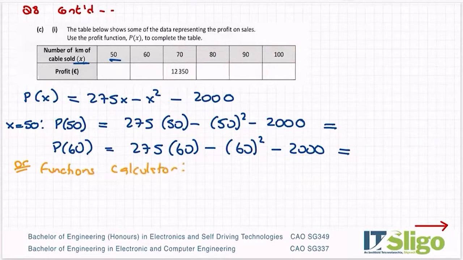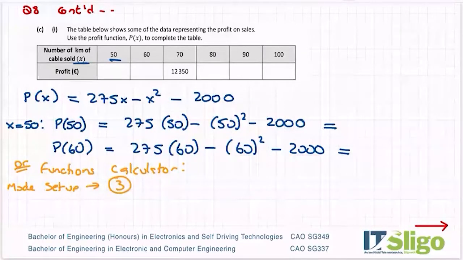Okay, so let me tell you the settings for that, and why don't you do it with me? So mode setup, I'm going into mode setup. I'm going into option 3 for table, and I'm putting in my function. So 275 red x minus red x squared minus 2000. Okay, and hit equals.